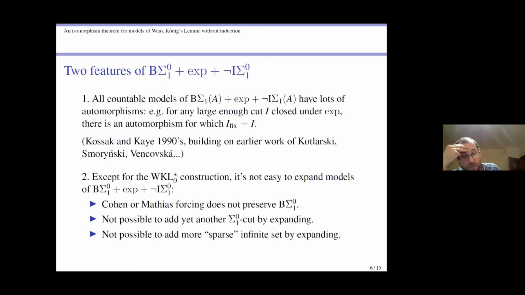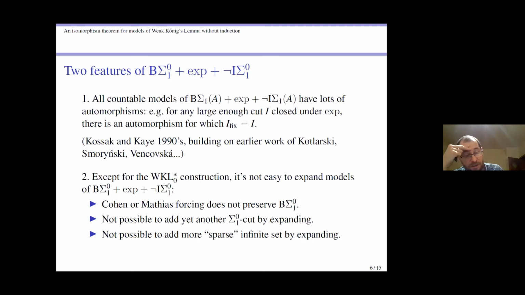Something that Lawrence noticed at a certain point was that once you have a sigma 1 definable proper cut, you cannot expand to add new sigma 1 definable cuts and still keep sigma 1 collection. So if you get new definable cuts, you're necessarily losing collection. So that was pretty remarkable.